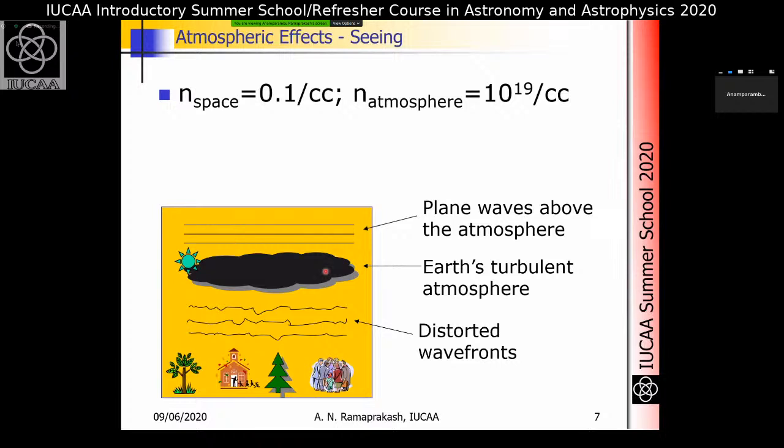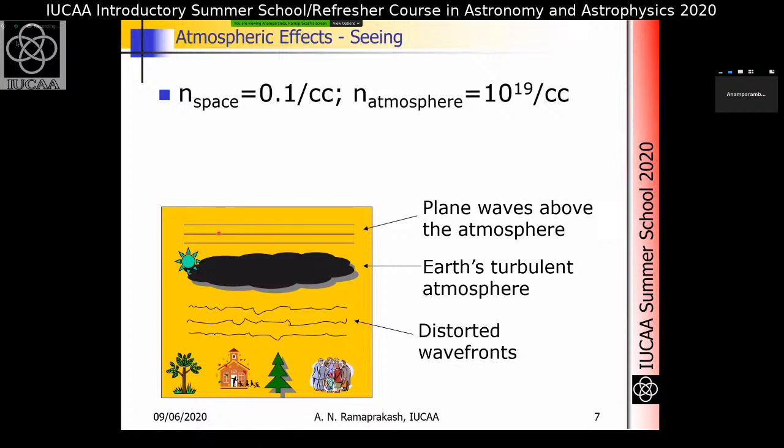The rays are parallel. So what happens is, when a bunch of such parallel wavefronts pass through the atmosphere, because the refractive index along each line of sight through the atmosphere is different and is continuously changing, the wavefronts get totally distorted.